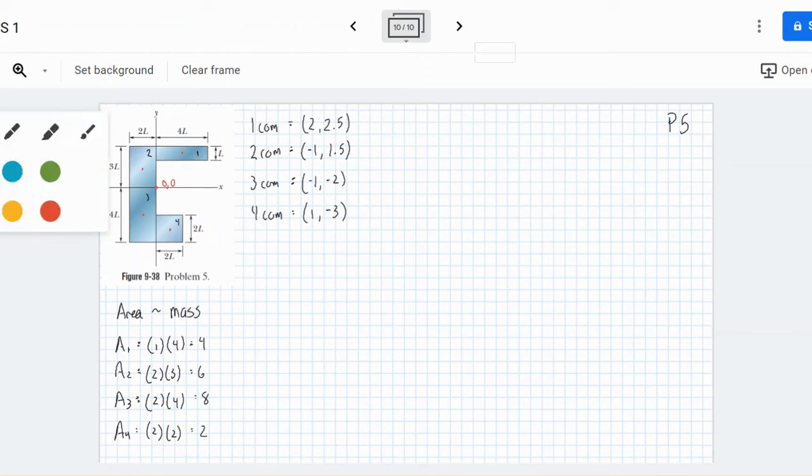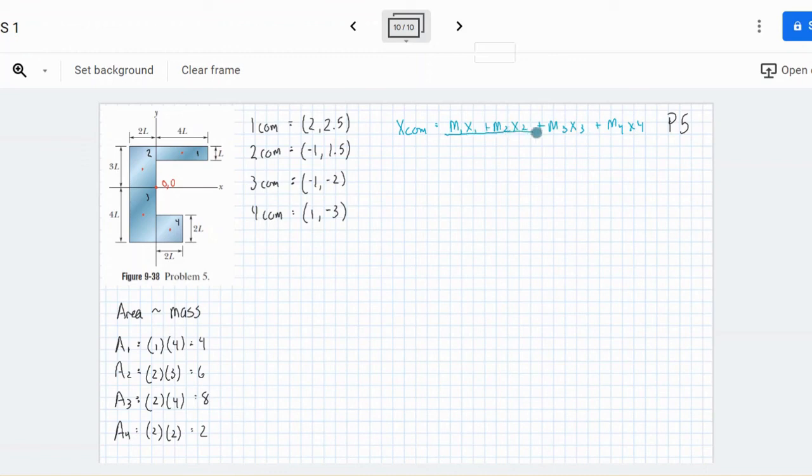So let's do it up. Let's do the x's first. So we know that the x center of mass should be equal to m1 x1 plus m2 x2 plus, in this case, m3 x3 plus m4 x4, all divided by m1 plus m2 plus m3 plus m4.